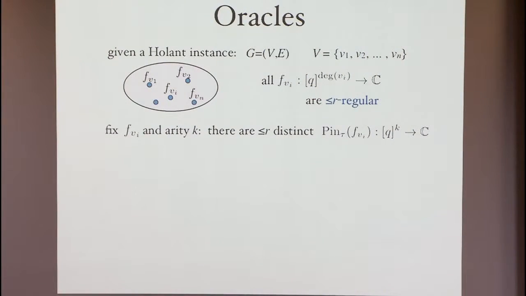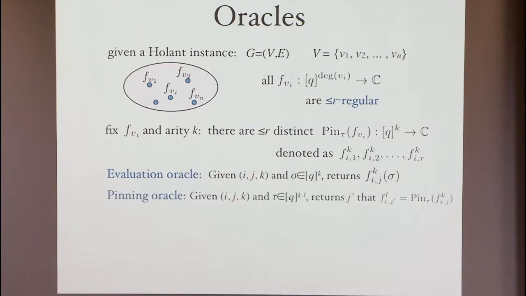To make this algorithm work for a general family of symmetric functions, we need to do some formal work. For each vertex, once we fix the arity, the number of different signatures is bounded, but we still need to efficiently enumerate those signatures by a succinct representation, and also evaluate and further pin those signatures by referring to the succinct representations.